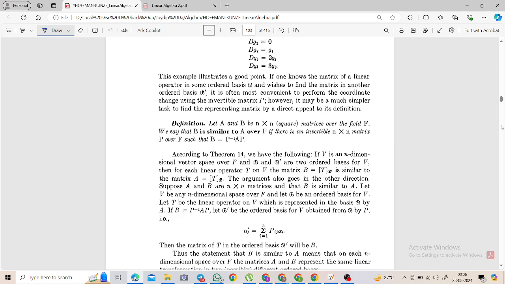Then A and A prime are similar matrices because there exists such a P which is invertible, the change of basis matrix. And you can also observe that it's an if and only if condition: if there is a matrix P inverse AP, then A and P inverse AP both represent the same linear transformation with respect to different bases.